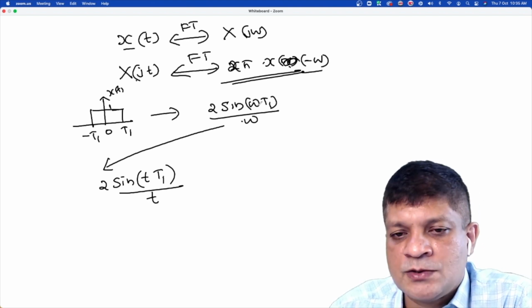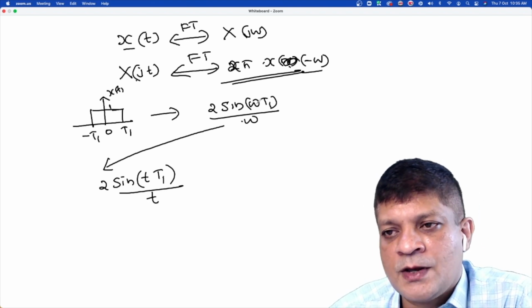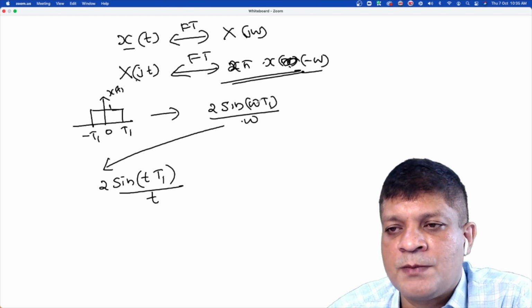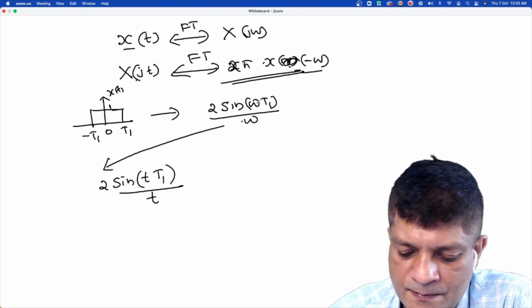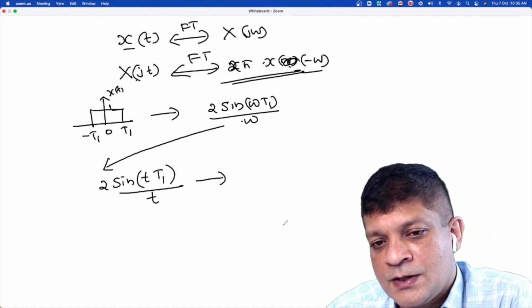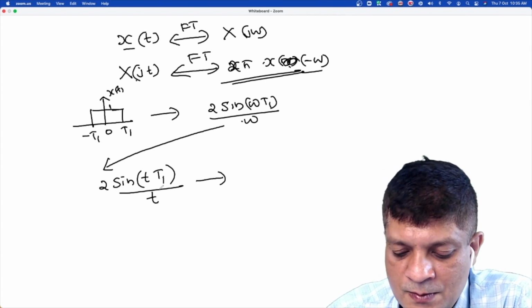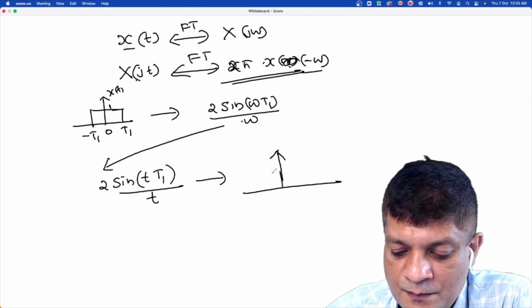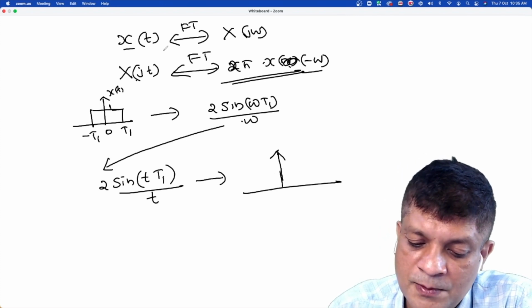Here it was a function of omega. Now we are considering a function in the time domain having that shape, so replace omega with t. Now what does the duality property say?